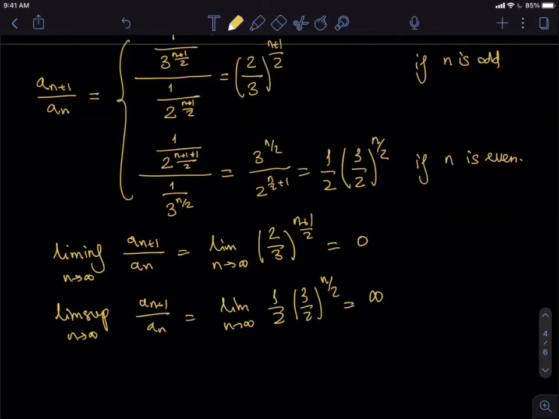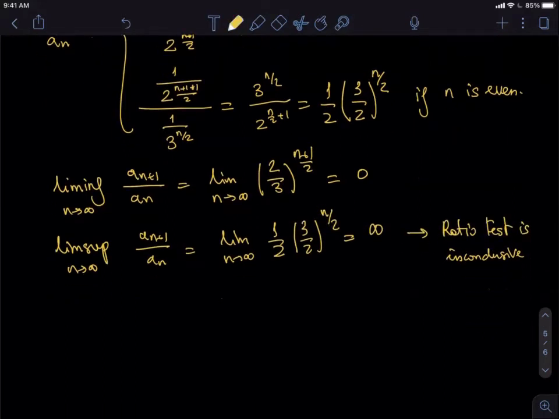So the lim inf, we don't care. That's not involved in the ratio test. And getting infinity here, this means the ratio test, this is bigger than 1, definitely. So the ratio test is inconclusive, okay? So we could think all this work for nothing.